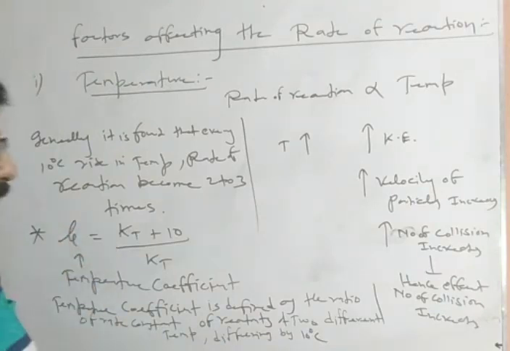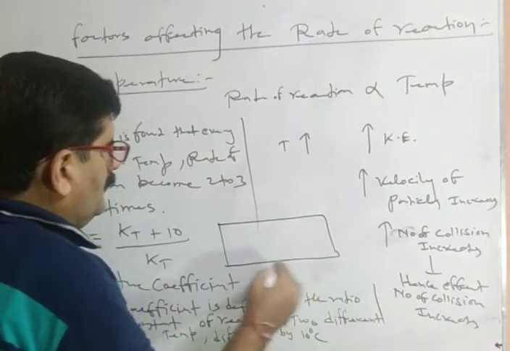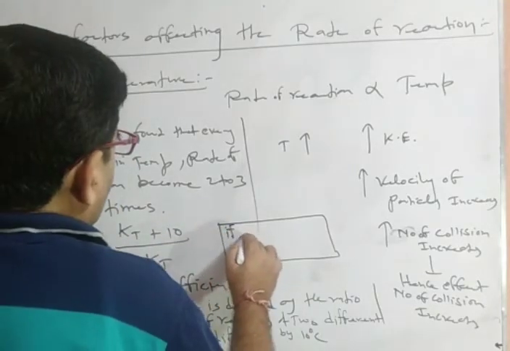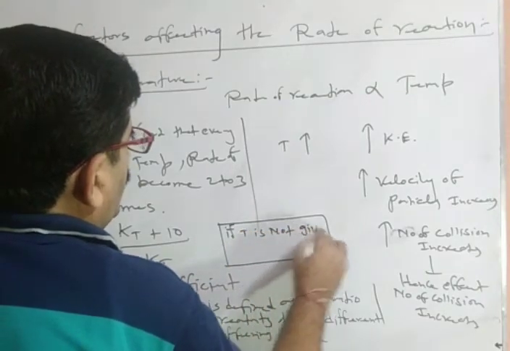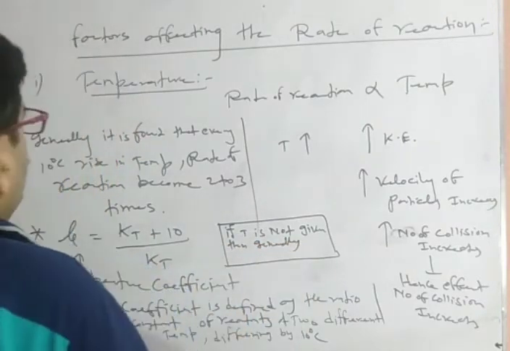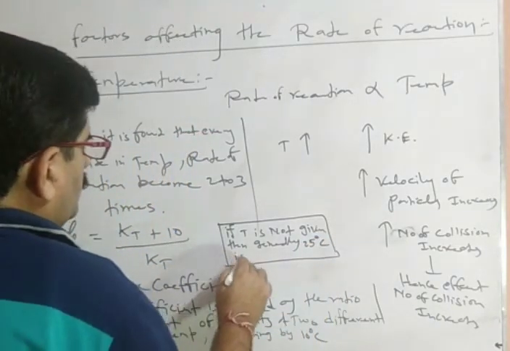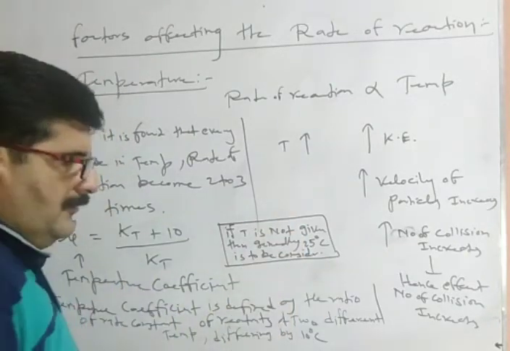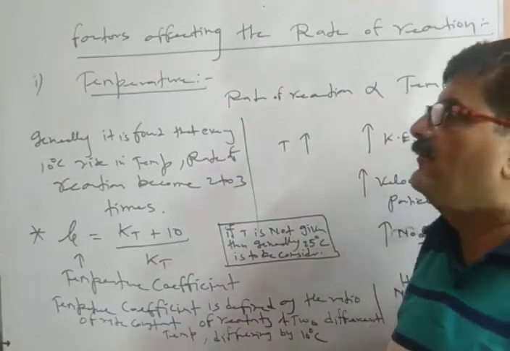If T is not given, then generally 25 degrees centigrade is to be considered. 25 degrees centigrade temperature is known as room temperature.